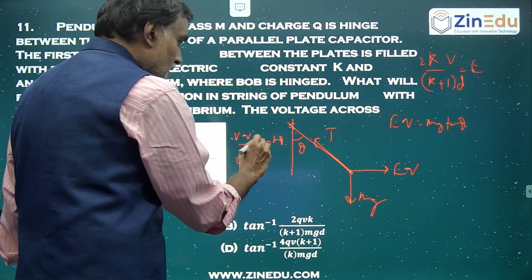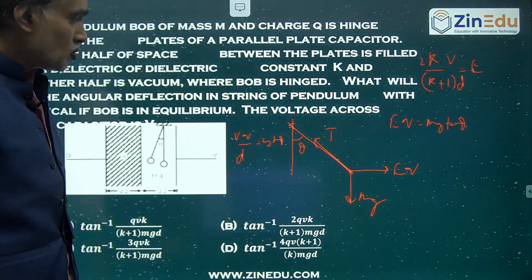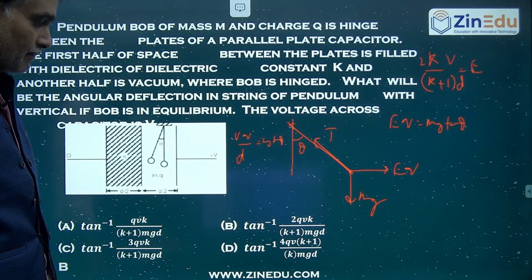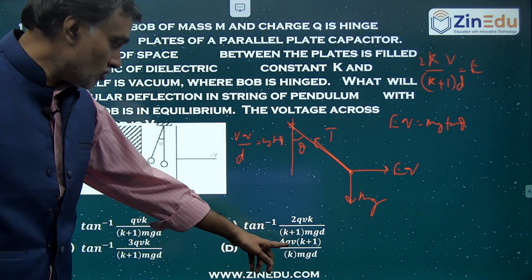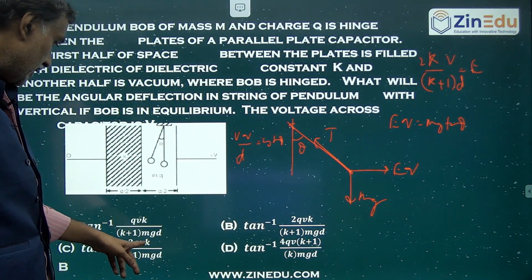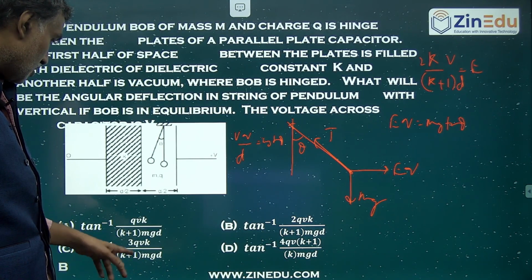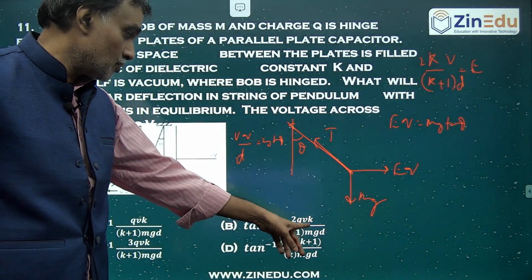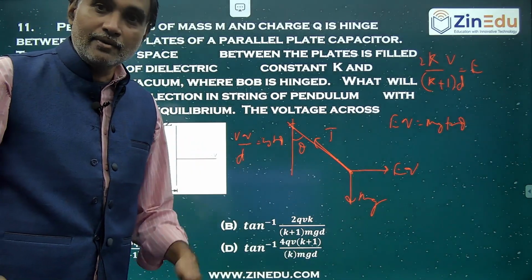Okay. So what should tan theta be? qV by mgd should be, if K equal to 1. Okay. Put K equal to 1. Wrong. If you put K equal to 1, here 3 you are getting. So wrong. If you put K equal to 1, here half you are getting. Correct answer. 2 cancels, you get that. Okay. You can verify like that also.